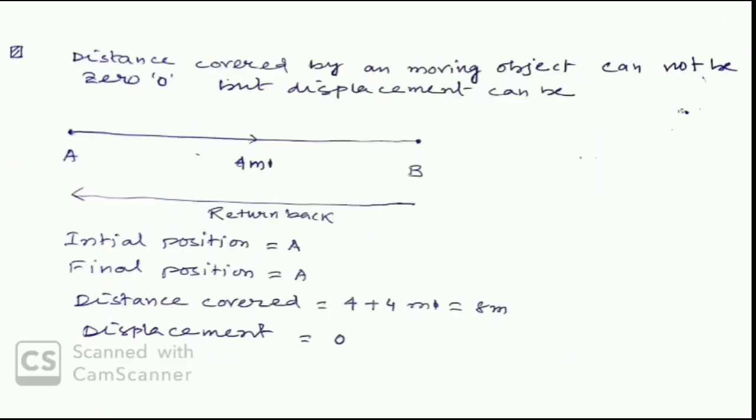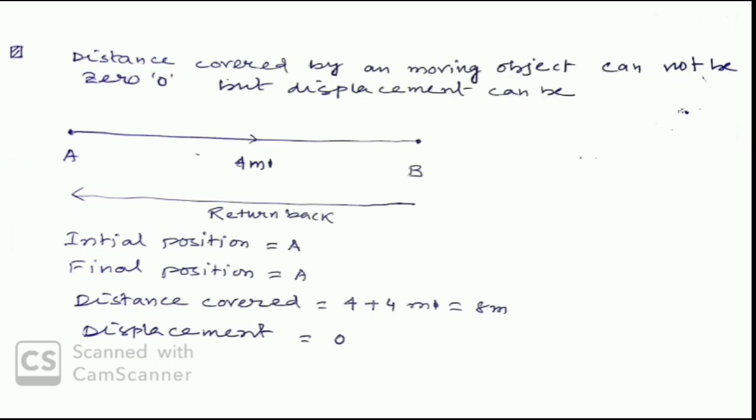Now coming to the next, that is distance covered by a moving object cannot be 0, but displacement can be. So we have to prove distance covered by a moving object cannot be 0, but displacement can be. Okay.